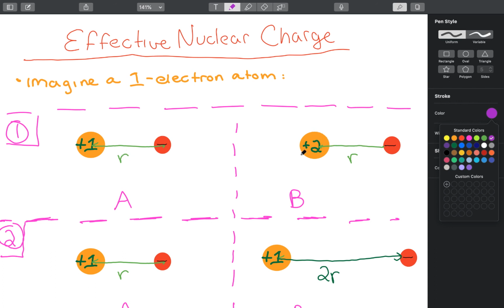In condition B, we have a nucleus with a +2 charge, an electron with a -1 charge, and a distance between the two equal to r.